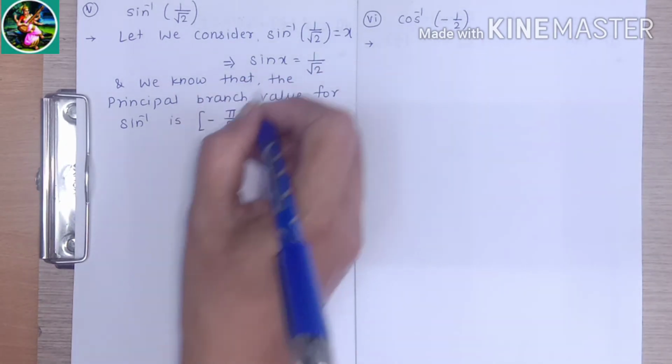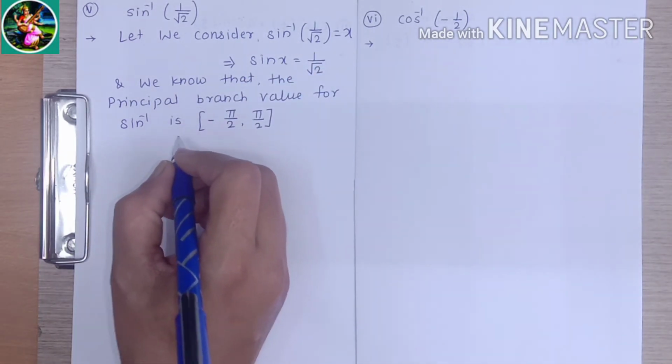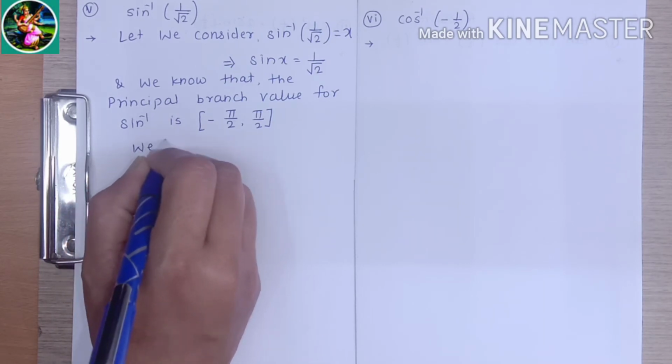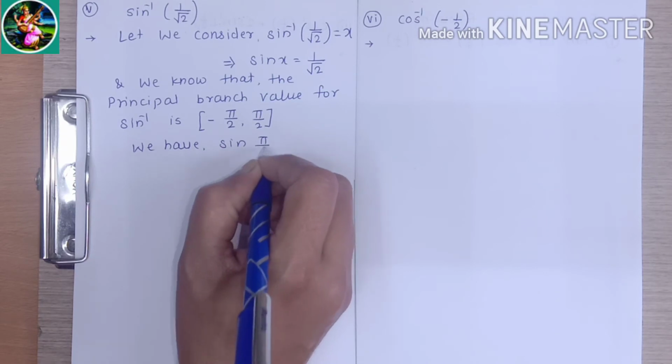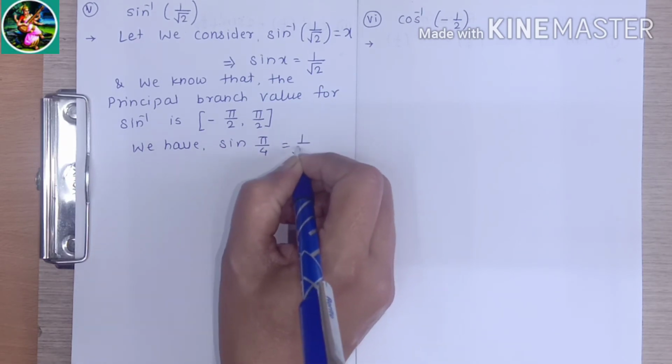Okay, we know that sine of pi by 4 is equal to 1 upon root 2.